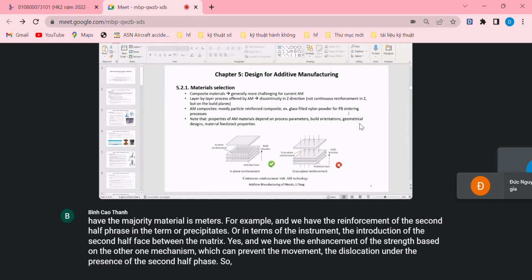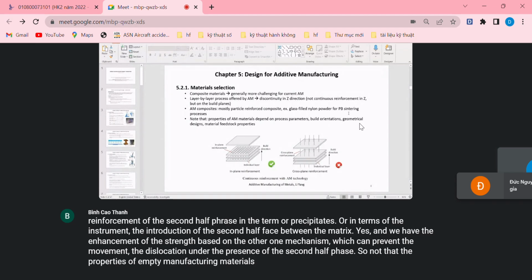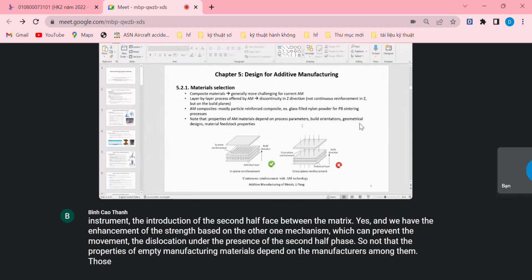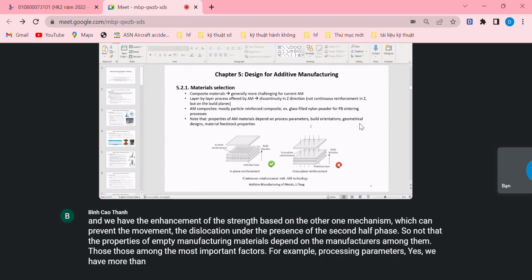So note that the properties of additive manufacturing materials depend on many factors. Among them, those among the most important factors are, for example, processing parameters. Yes, we have more than 180 parameters. So, build orientation.